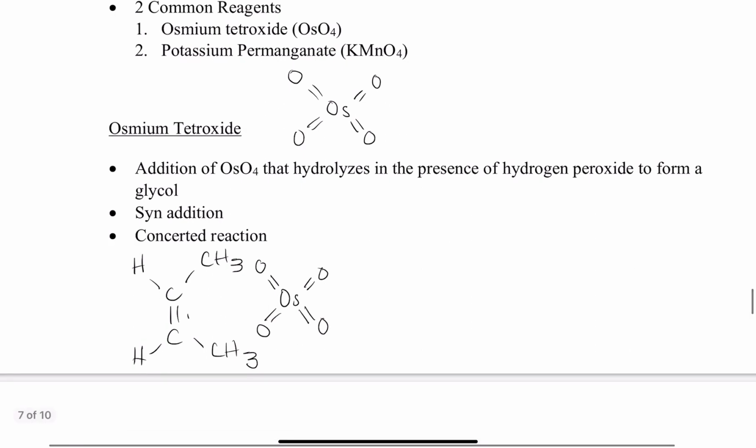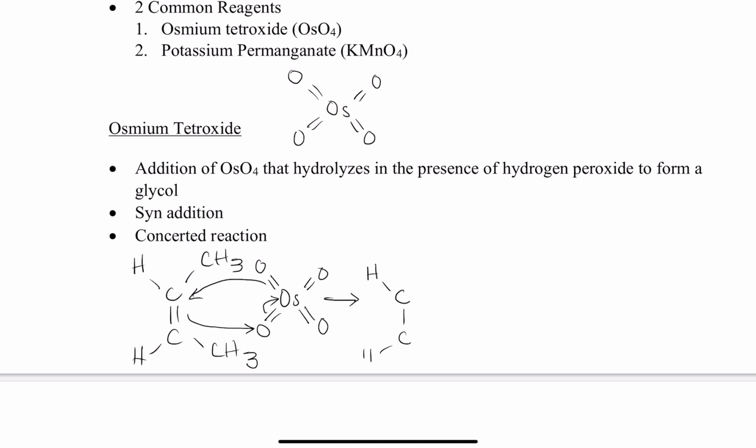So we're going to have a double bond to one of our oxygens. The bond between our osmium and our oxygen that we just drew an arrow from will go over here, and then we're going to have an arrow from our osmium to our double bond. This happens all at once, but it creates what we call an osmate ester.